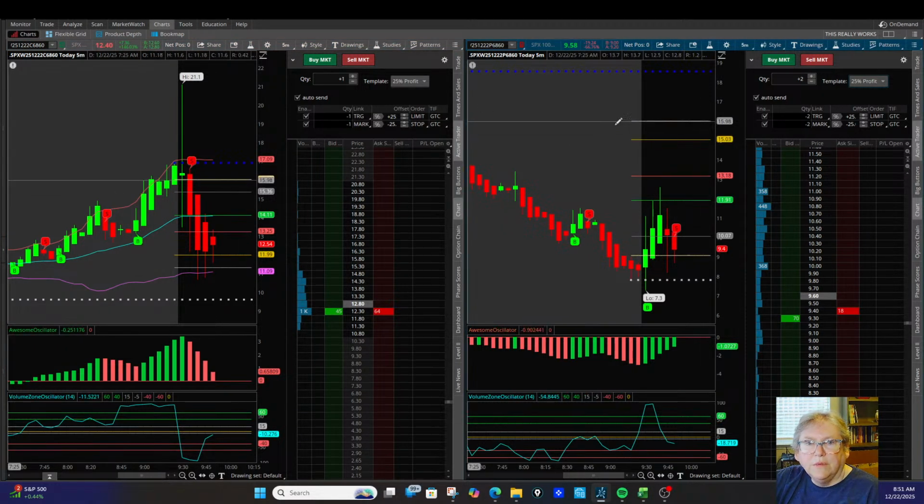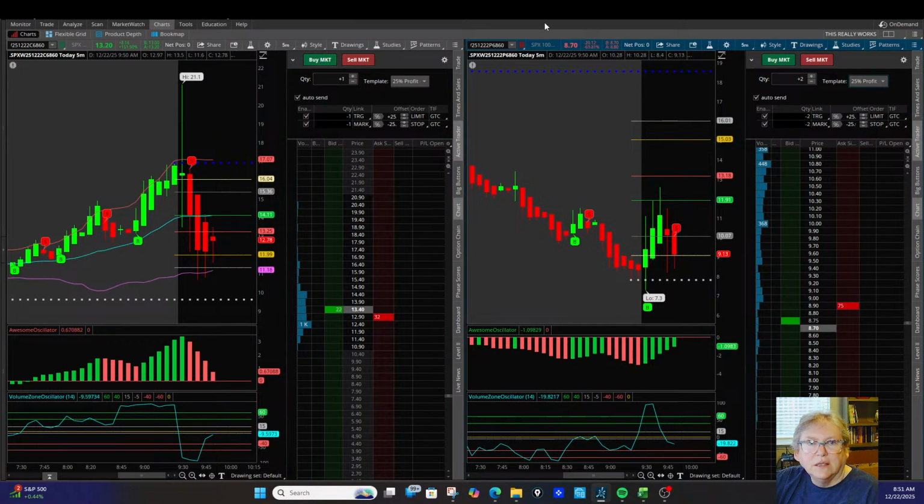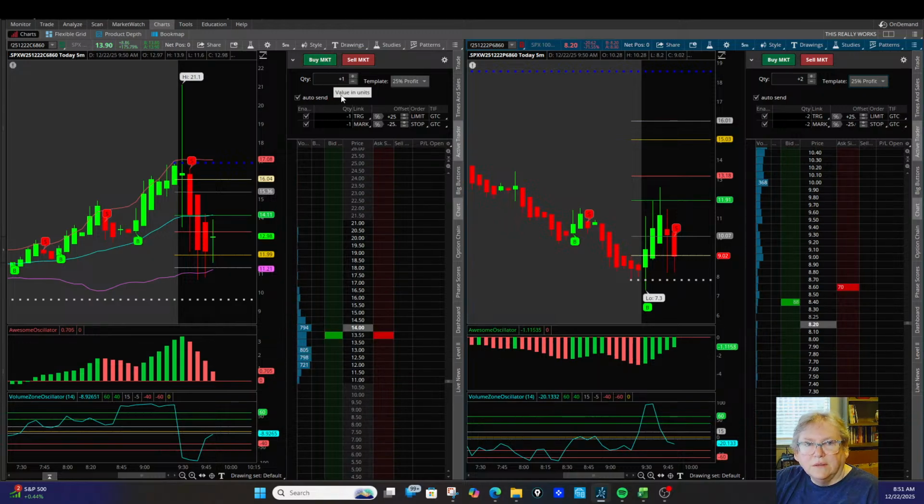I like to have both of these ready so that when it's time to buy, I just click the buy button. Usually my quantity lately has been 1, sometimes 2.